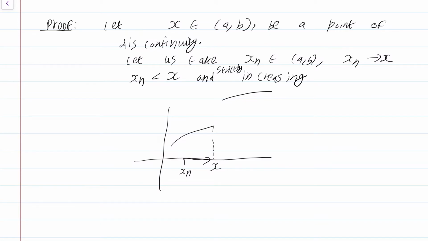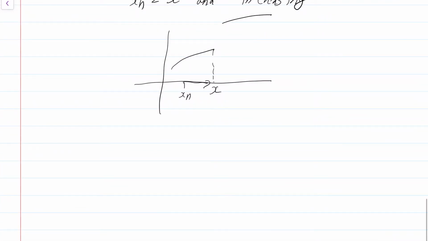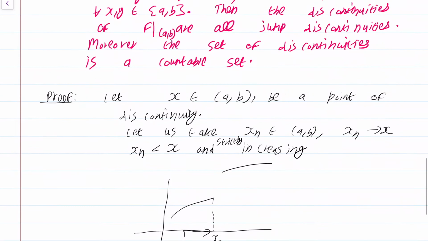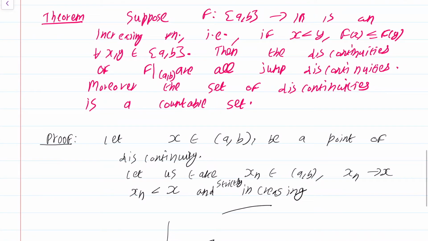Okay, how does this help? Well, observe that the sequence f of x_n is increasing. We can't say that it's strictly increasing because all I've assumed is that the function f is increasing. I've not assumed that the function f is strictly increasing. I've just assumed that if x is less than y, f of x is less than or equal to f of y.